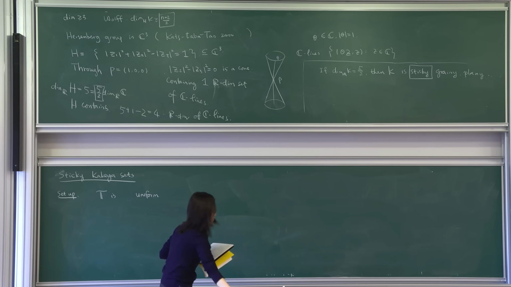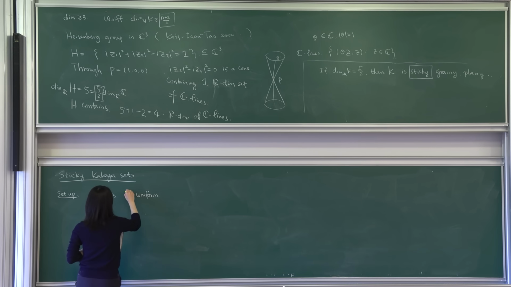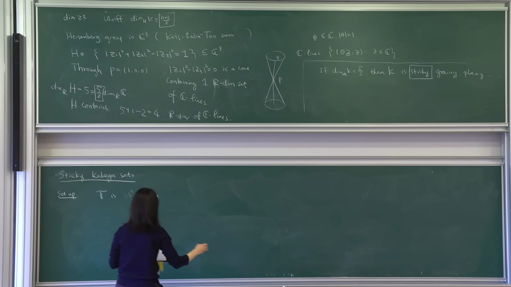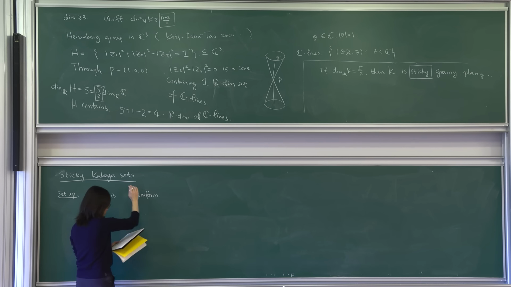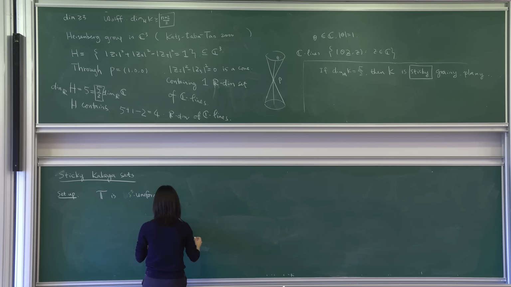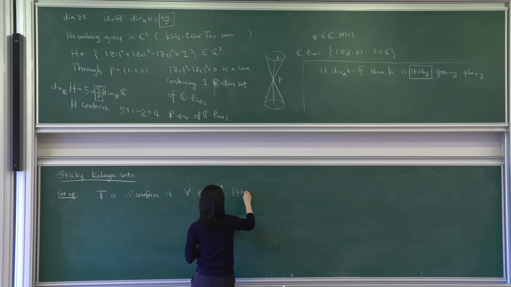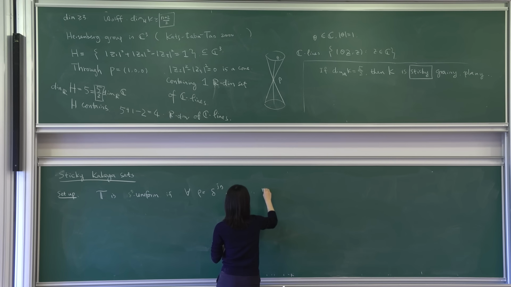Sometimes we even add a quantifier and say that it is delta to the eta uniform, but when eta is clear from the context, we sometimes just say that T is uniform, if the following holds: for any rho equals delta to the j eta, where j is an integer from 1 to eta to the minus 1.